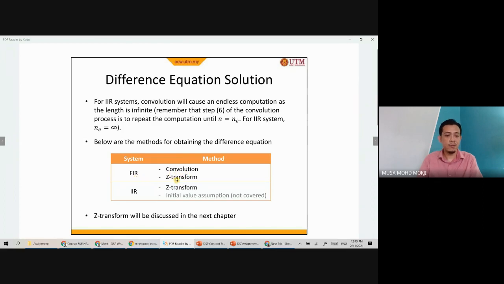For IIR, we need to use the Z transform. Actually, there's another way called the initial value assumption, but we're not going to cover it in this course. I'm not sure whether this is covered in signals and systems. We're going to cover the Z transform only. What we have seen now is only for FIR. For IIR, that will be next week.